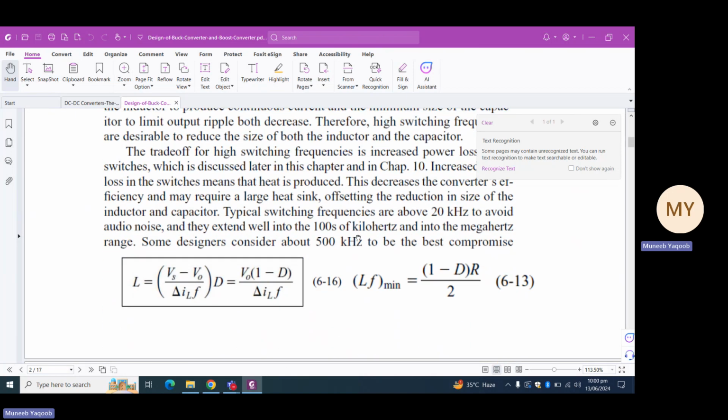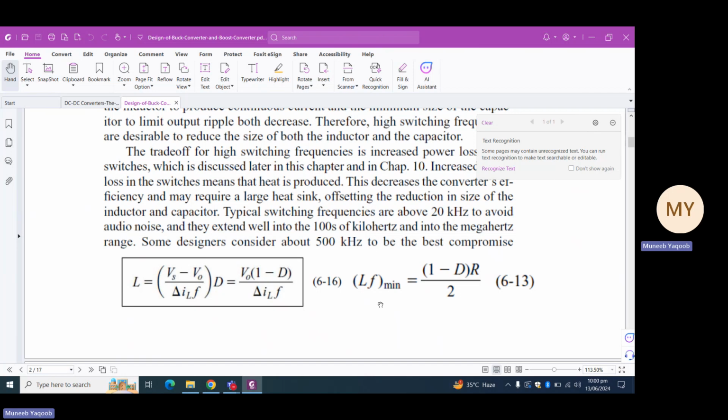Coming to those expressions, if you recall, the expression of the minimum inductance that may be used is represented by equation 6.13.